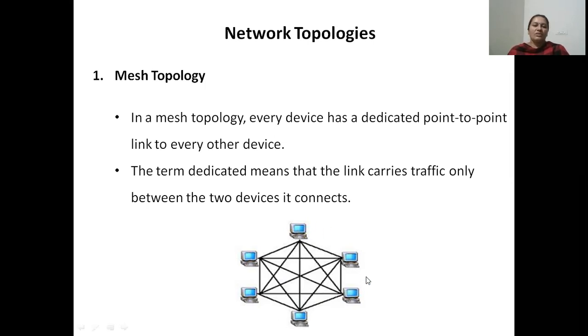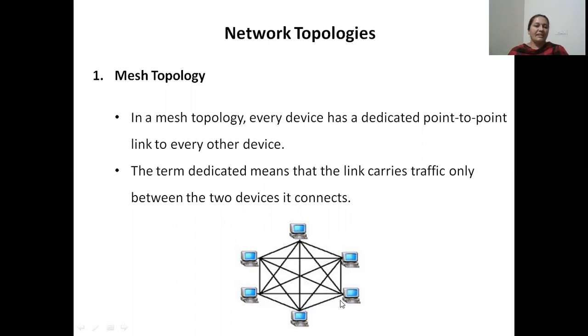You can observe in this picture there are a number of computers, and each computer has a dedicated link or path of transmission to every other computer. So this network is an example of mesh topology. In mesh topology, every device or computer will have a dedicated point-to-point link to every other device in the network.